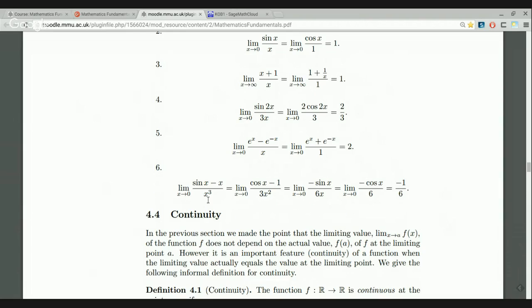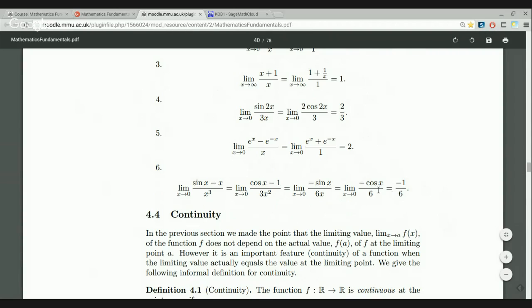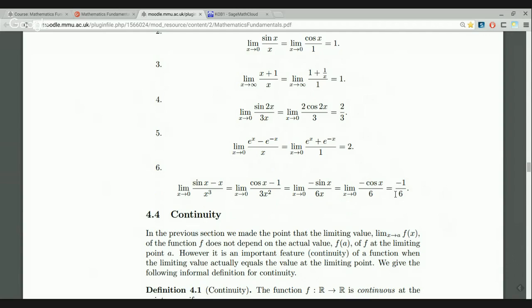But because the denominator function is going to simplify to a constant if we keep differentiating it, eventually we get minus cosine x over 6. So at this final stage, this final equality comes about from applying the algebra limits. The cosine x part is approaching 1 as x approaches 0, so minus cosine x divided by 6 will approach minus 1 over 6.